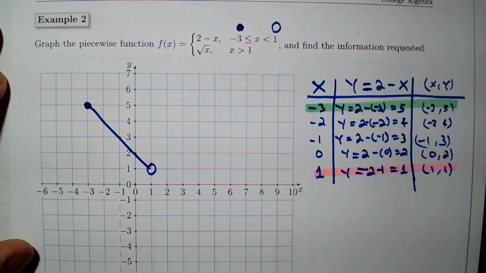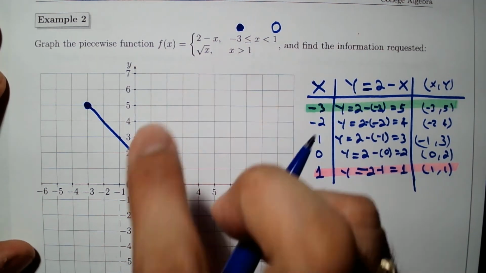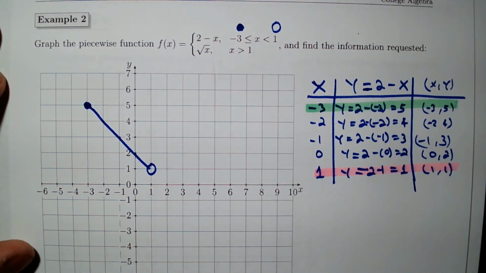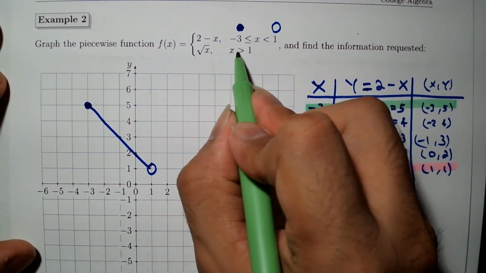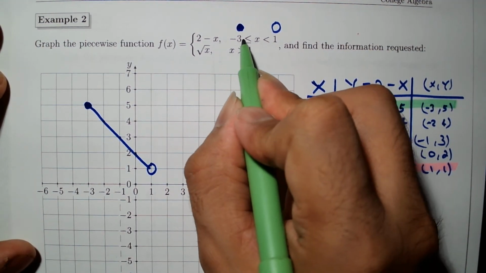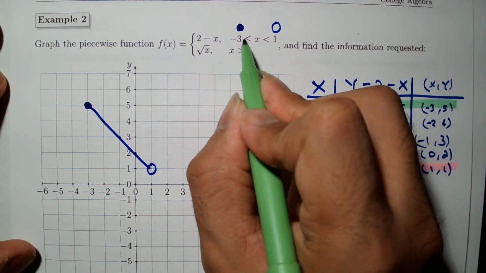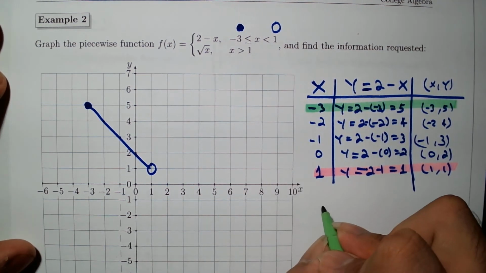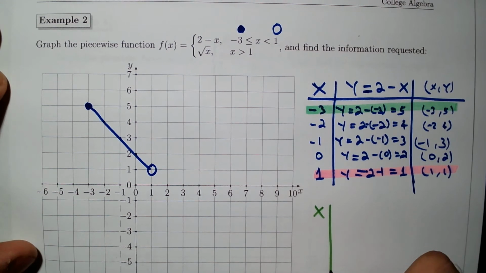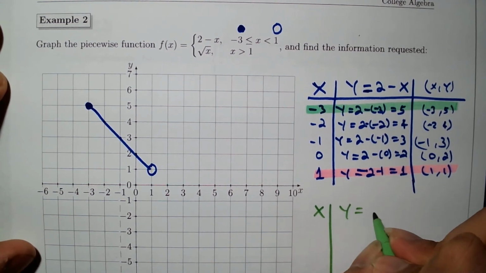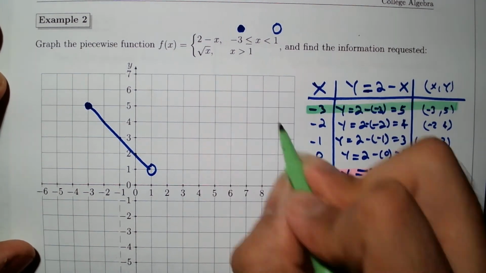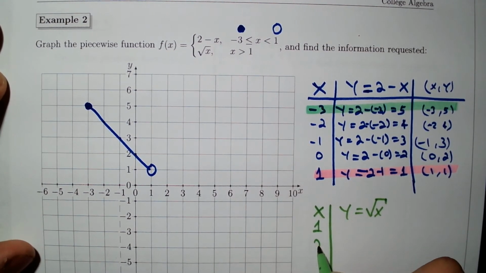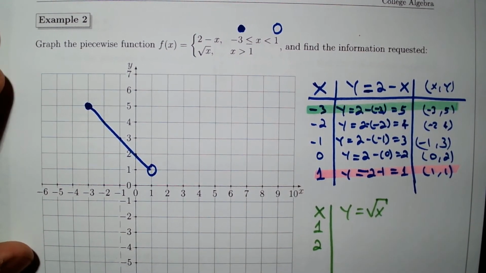Okay. Now let's grab the second part of the function, comprised by the square root of x. In this case, we can plug in just any value greater than 1. So y equals the square root of x, starting at 1. I'm not going to use 2.